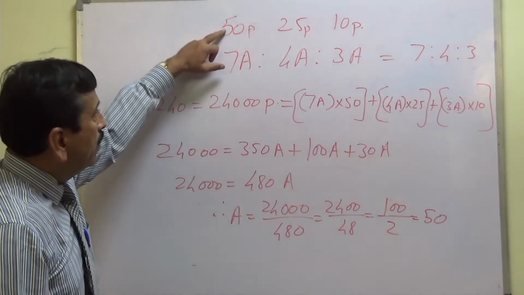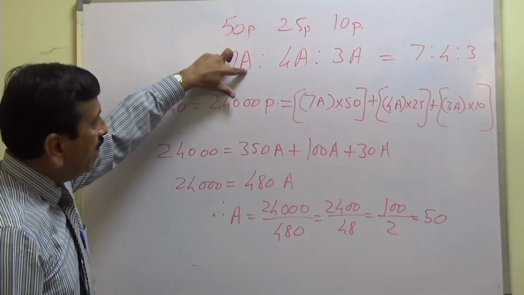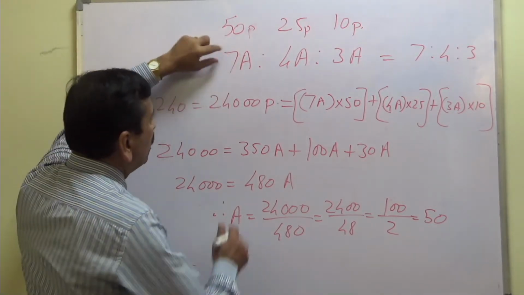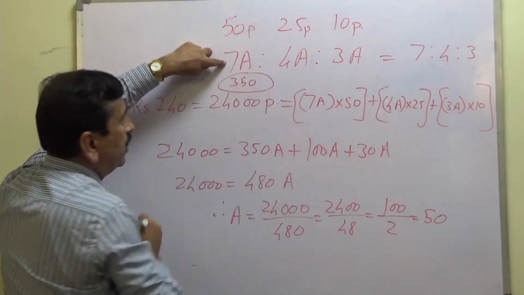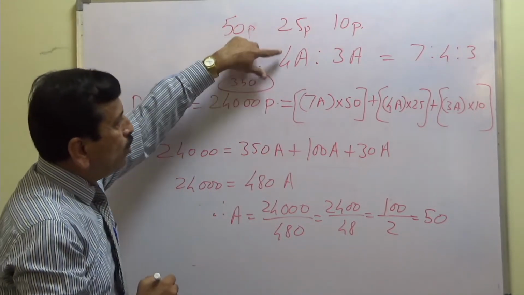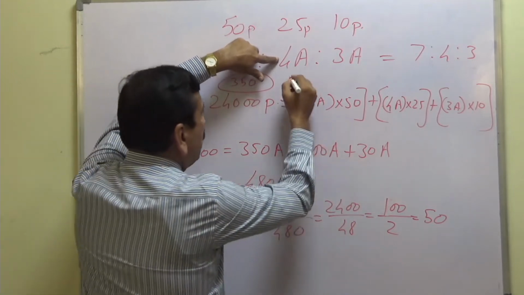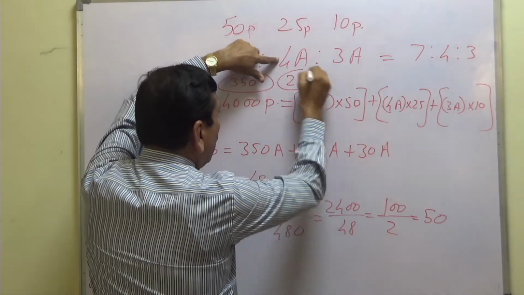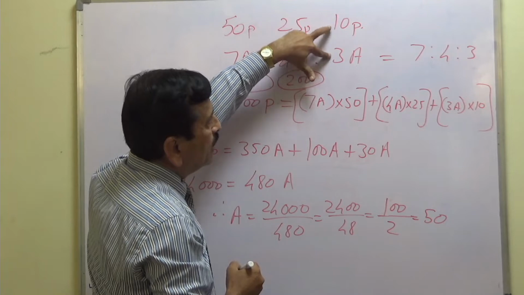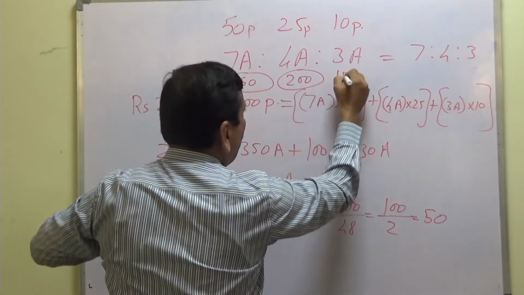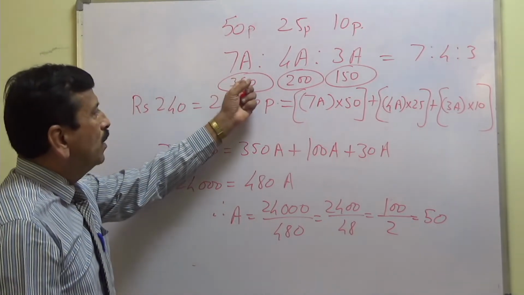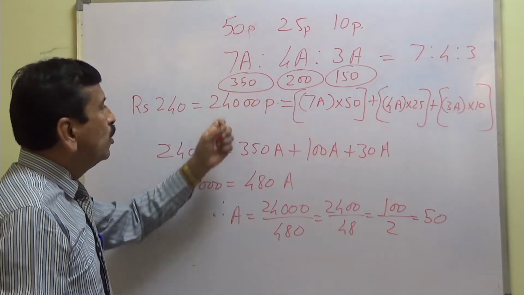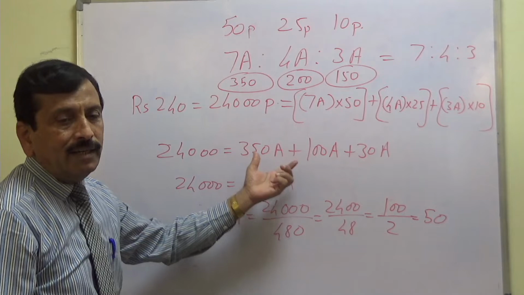Means 50 paisa coins are 7A, A is 50, so total coins I am having 350. 25 paisa coins 4A, which total coins I am having 200. 10 paisa coins 3A, which total coins I am having 150. And the moment I get the number of coins, I can put them into value and get the answer.